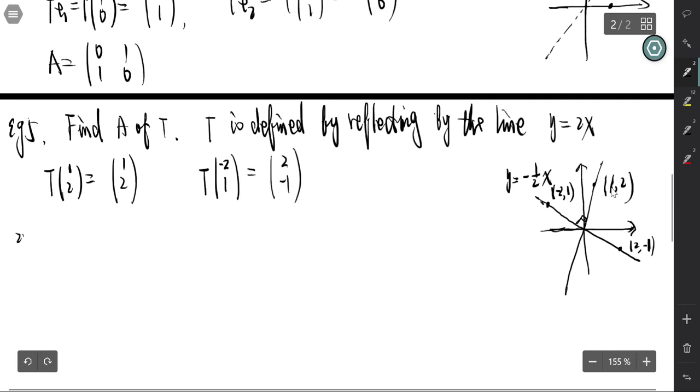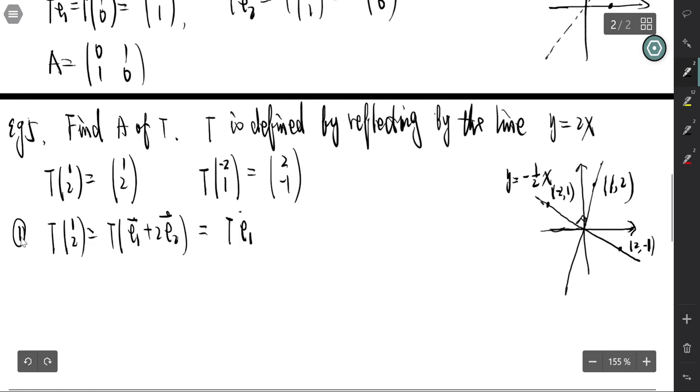There are two methods to find TE1 and TE2. The first one uses the definition of linear transformation. Because T(1, 2) is T(E1 plus 2E2), because E1 is (1, 0) and E2 is (0, 1).